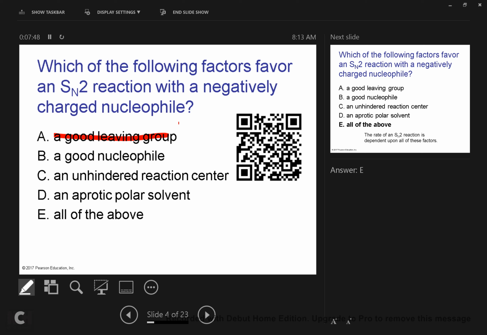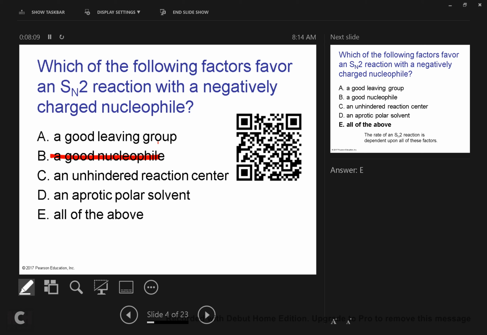Now, a negatively charged nucleophile, because of that negative charge, is automatically a good nucleophile. So remember last time we said negatively charged nucleophiles are stronger bases than neutral ones. So that's a good nucleophile.